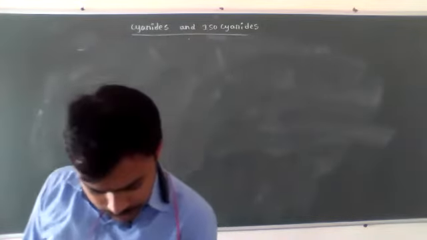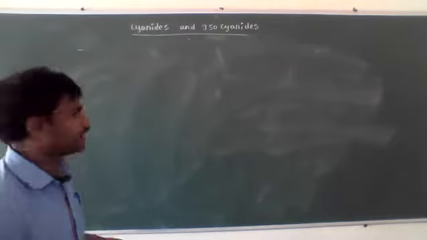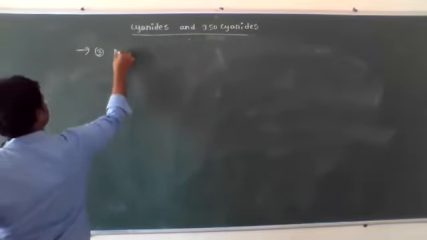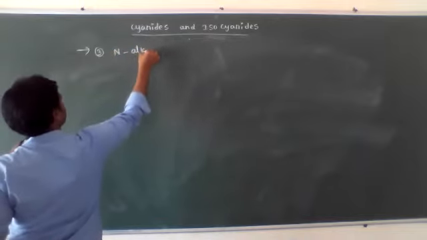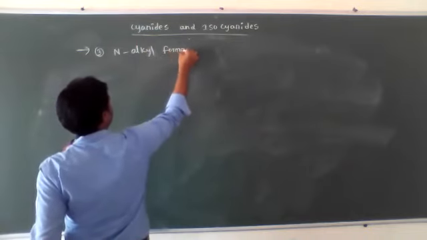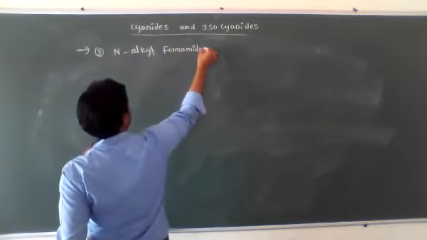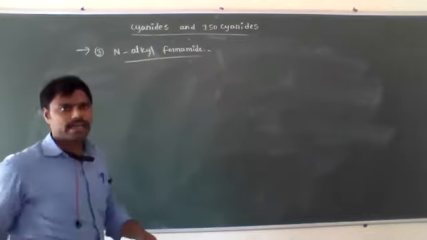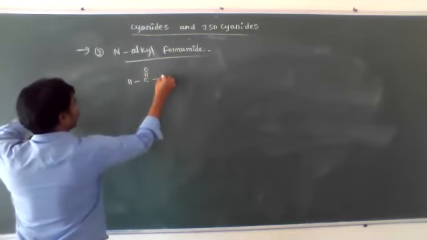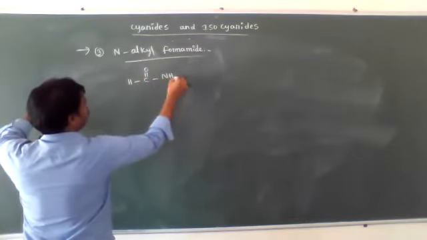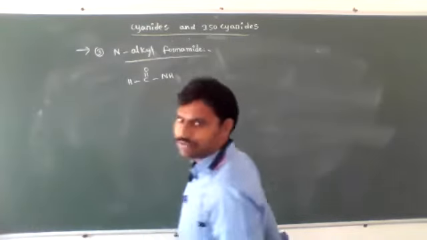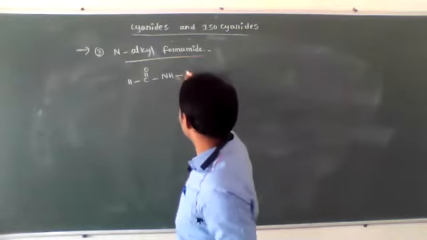The next method is from N-substituted or N-alkyl formamide. Formamide is H-C double bond O with NH2. N-alkyl formamide means you remove one hydrogen and substitute an alkyl group.